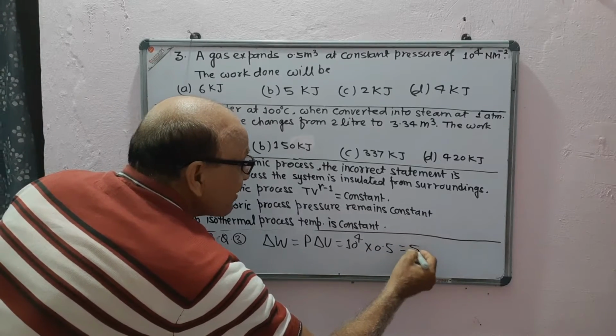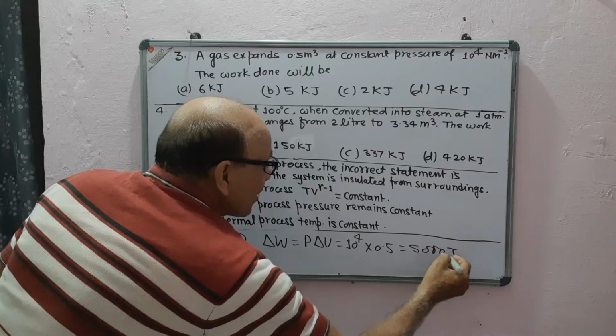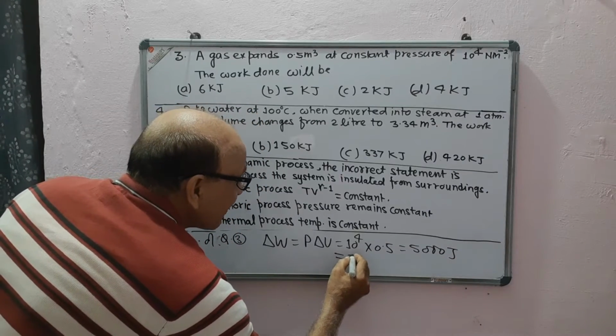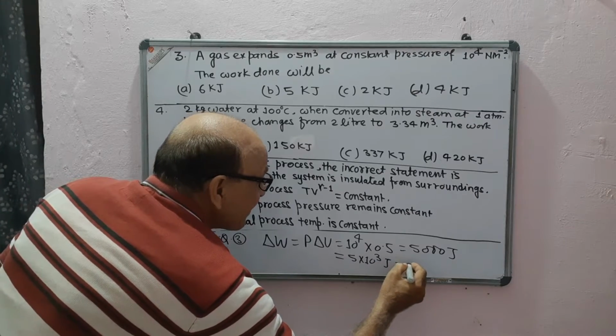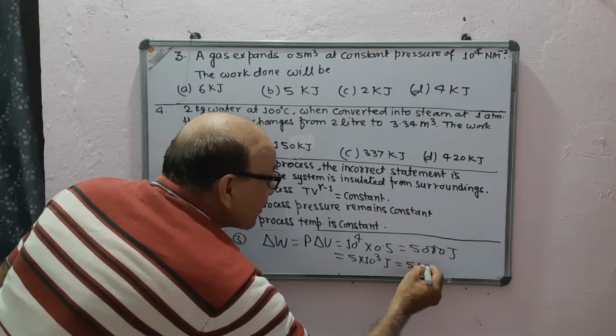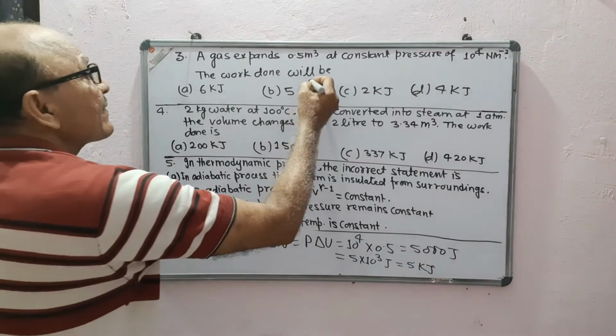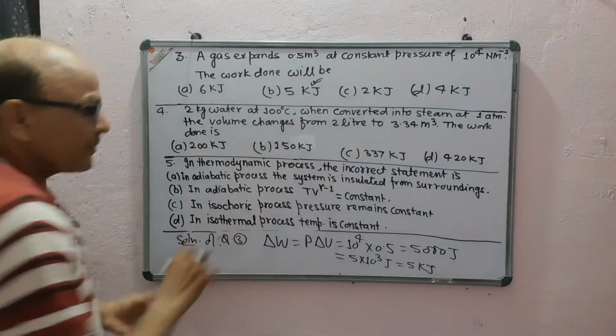So it comes to 5000 joule, which can be written as 5 into 10 to the power 3 joule or 5 kilojoule. So the correct answer will be B, this one.